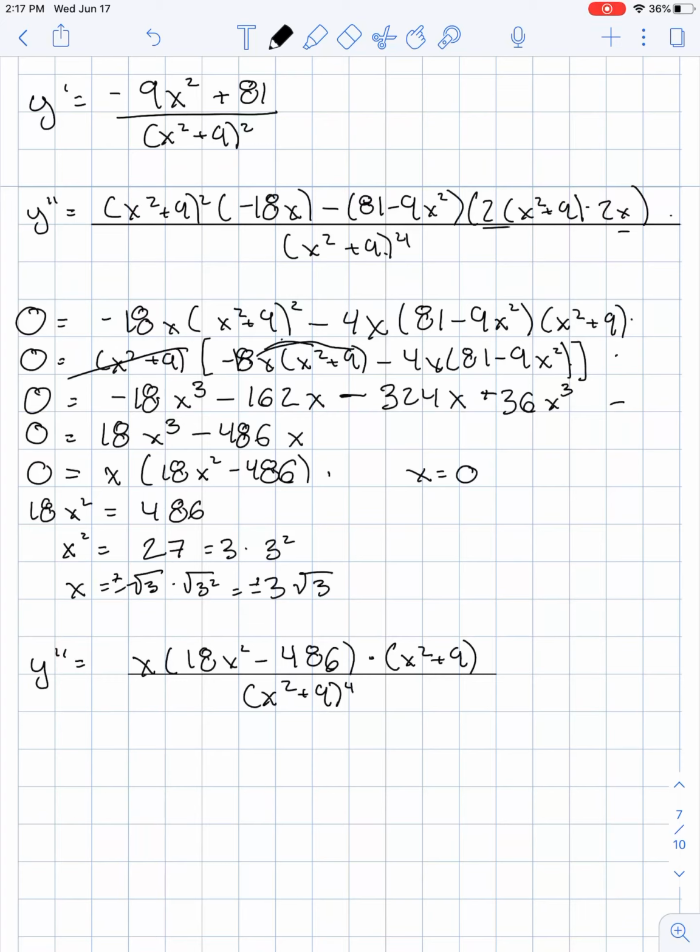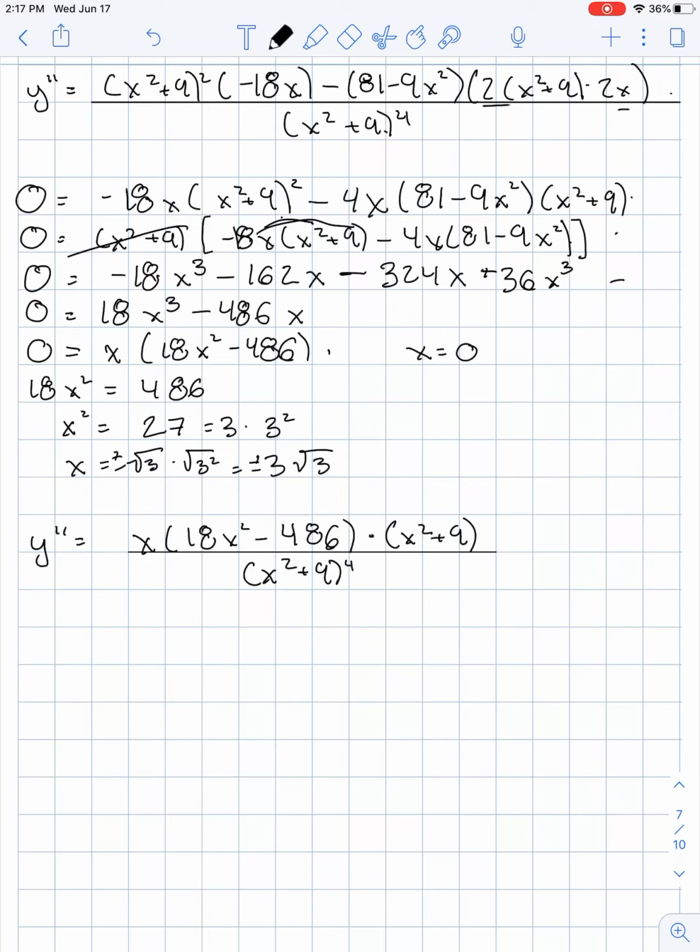The reason that x squared plus 9 is coming back into play is because I took it out earlier, but you don't really need it in there, but that is what y double prime is. Because it's always going to be positive, it's not going to change the outcome of my inflection point test. So I'm going to have negative 3 root 3, 0, 3 root 3.